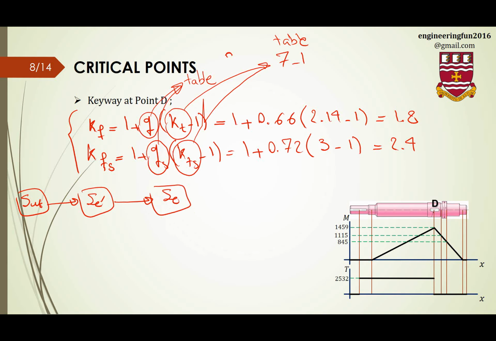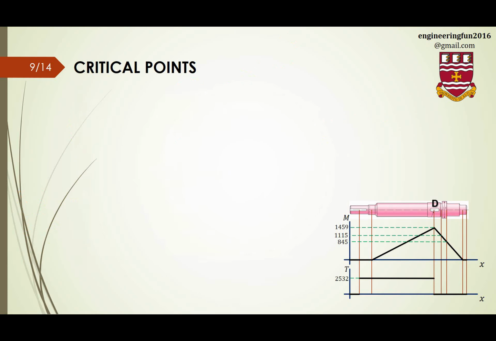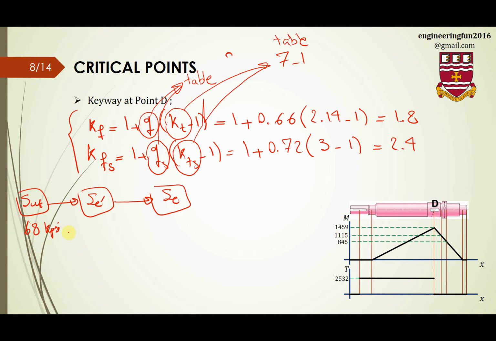So SUT in this question is 68 kpsi, and we found that from the internet. Se prime will be half of this one, 68 divided by 2, which will be 34.